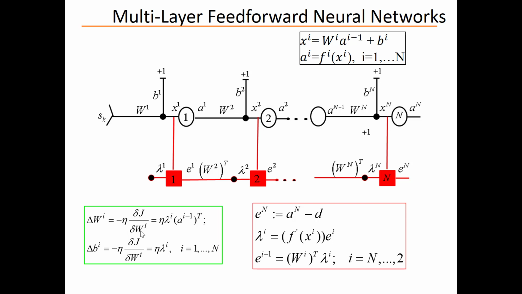Any questions about the skeleton of the graph and the math? Yes? I have a question about where we want to calculate lambda i. Can you briefly say why we use f prime? Yeah, remember, we're deriving these equations.